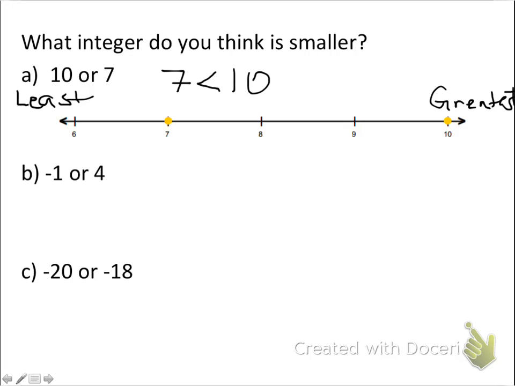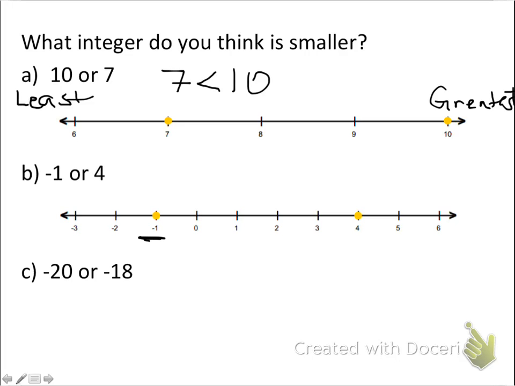All right, the next one. Negative 1 or 4. Which integer do you think is smaller? Here's your number line to help you. And now, because negative 1 is further this way, I know that negative 1 is less than 4.